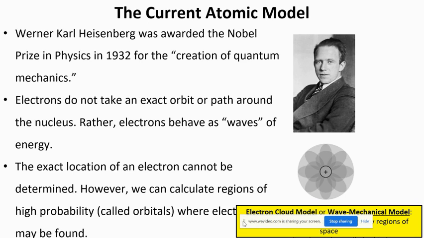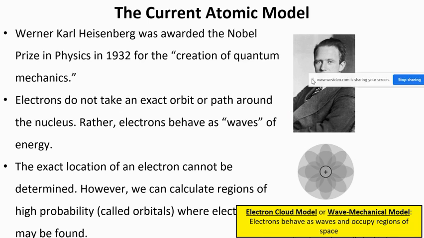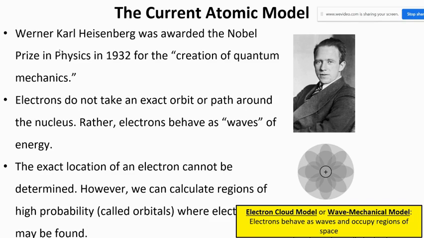All right. So I think he's one of our last guys that we're going to talk about. So this is Heisenberg. Okay. And Heisenberg, most of these guys were actually awarded Nobel Prizes. His was in physics, and he was the one that created this concept of quantum mechanics, which gets kind of crazy and weird and warped. And if you really get into nerding out, this is something that you want to read up on.